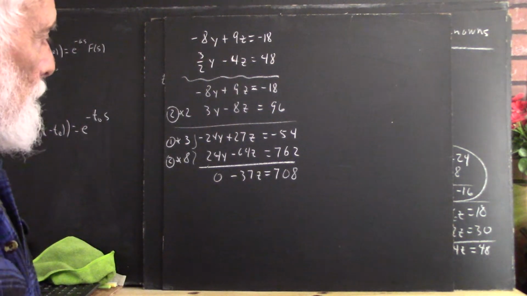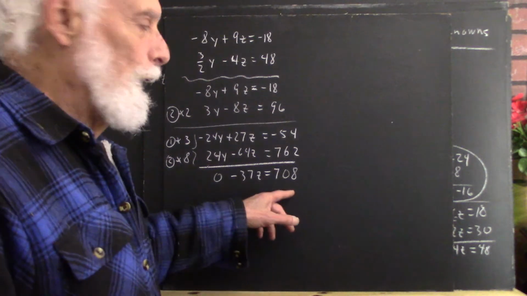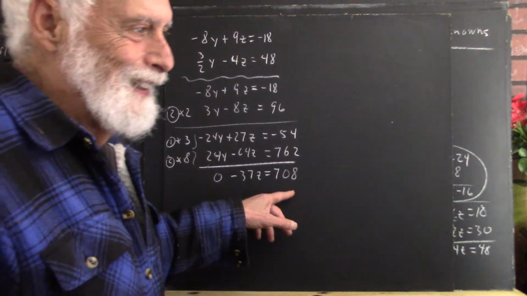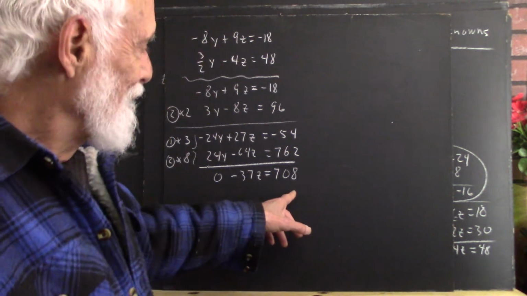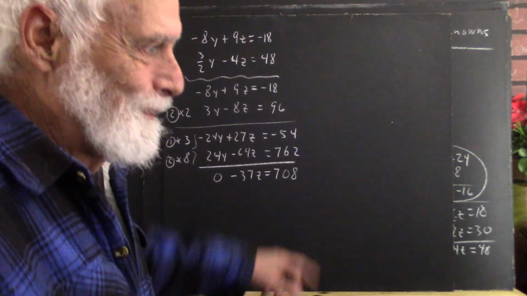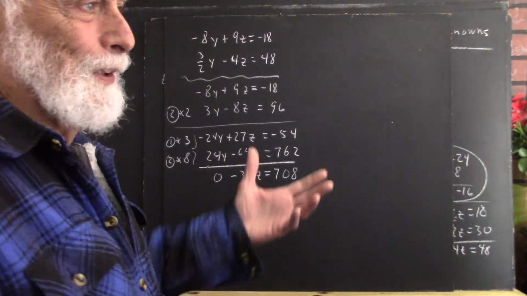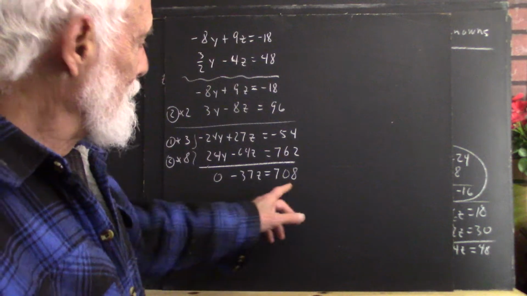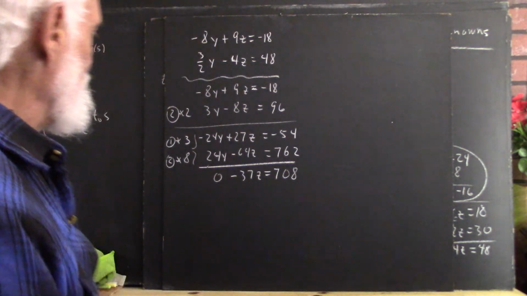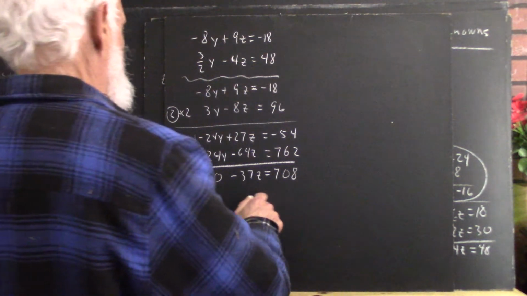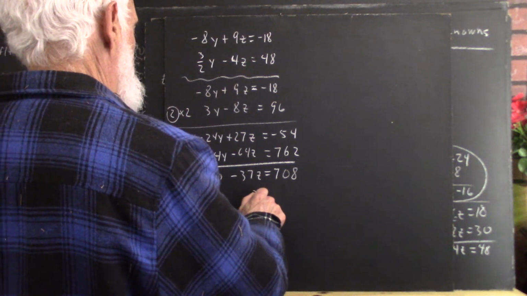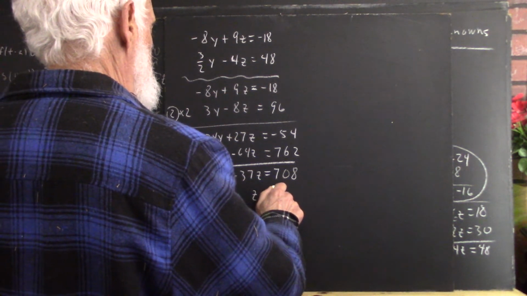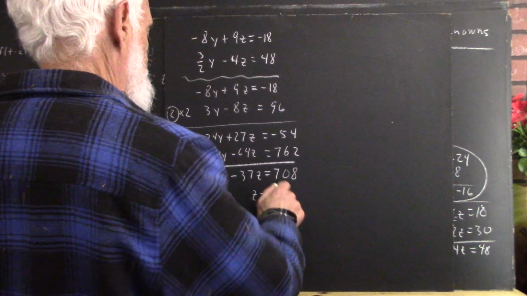Well, 37 is a prime number, so I know that my fraction's not going to reduce, so I'm going to end up with a mess with a denominator of 708. Well, sometimes we have to deal with it, and we're going to have to deal with the fraction this time. Well, this tells us then that z is actually numerator 708.